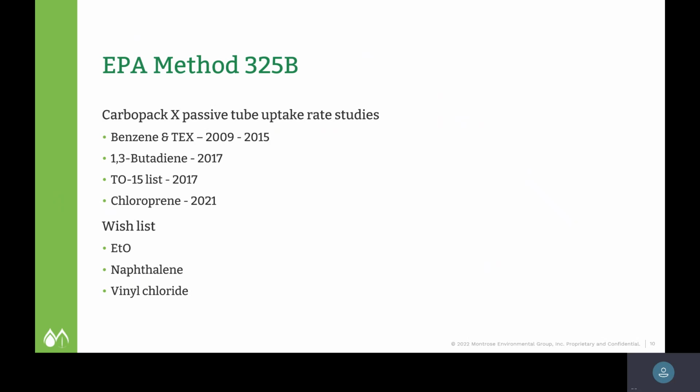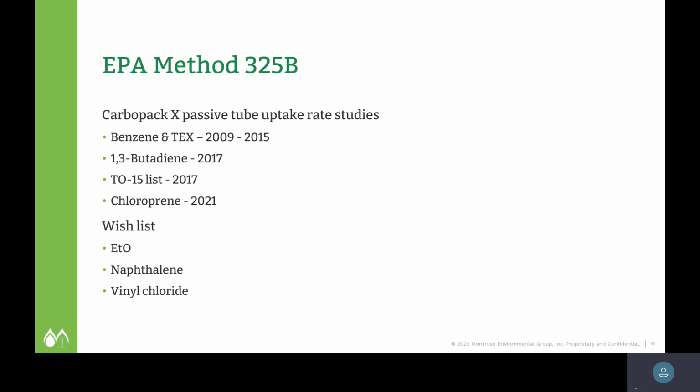What can we investigate more? What did we get with that? And in 2021, Montrose did a study for chloroprene following the procedure in EPA Method 325B Addendum A, and determined an uptake rate for chloroprene. And we're going to go through what Addendum A is here in a few minutes.